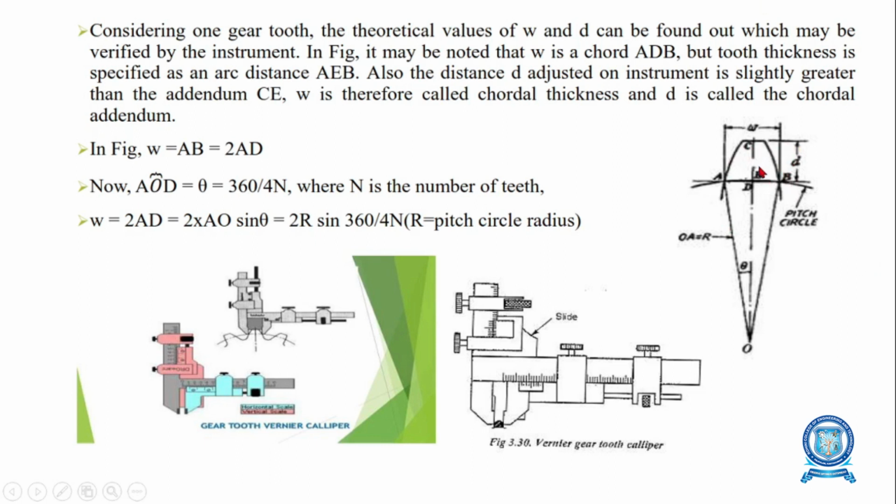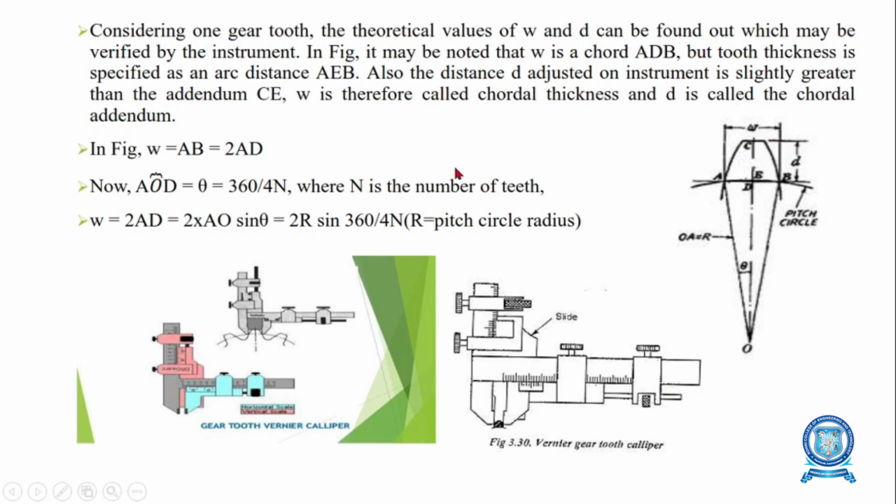So W is therefore called the chordal thickness, and D is called the chordal addendum.